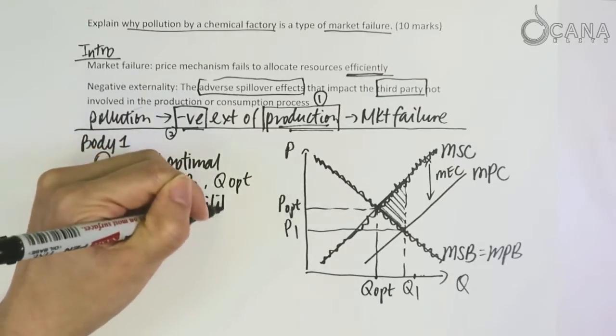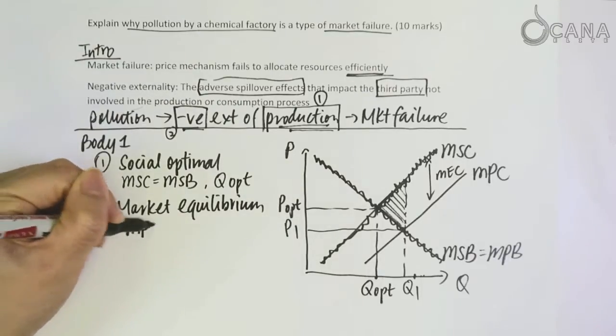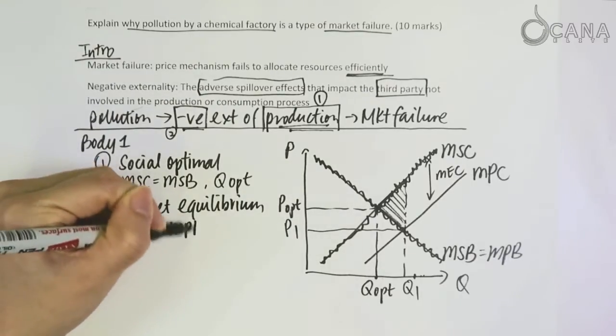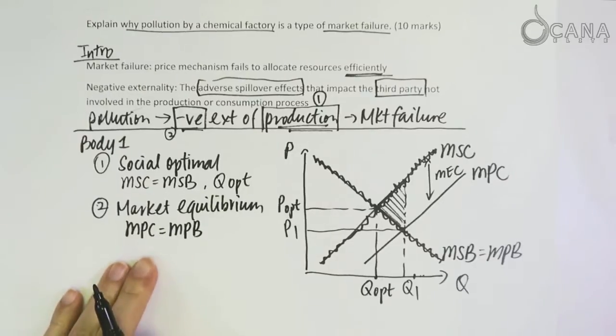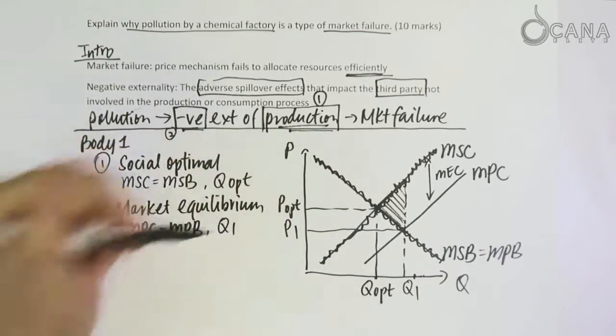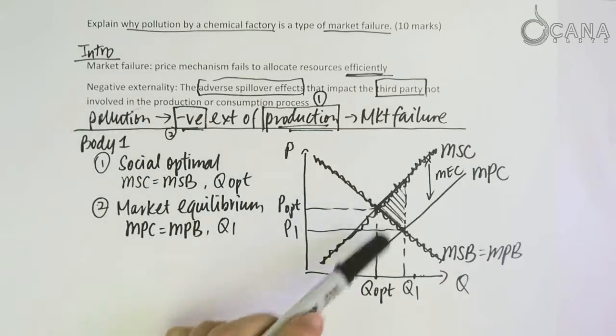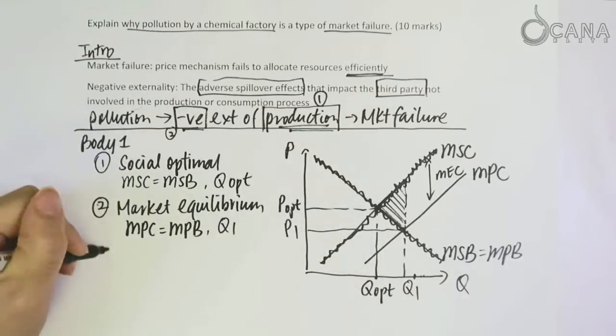So the market equilibrium point is actually where MPC equals MPB, where private firms are maximizing their welfare. So the market output level is demonstrated by Q1. So by saying these 2 points, then we have already identified the current situation in the market.